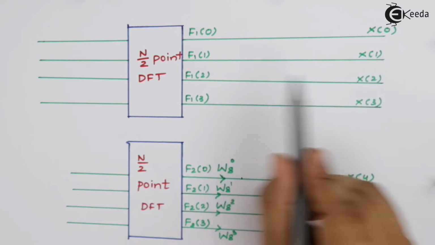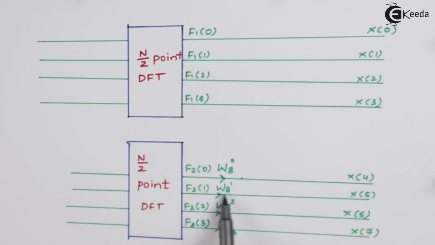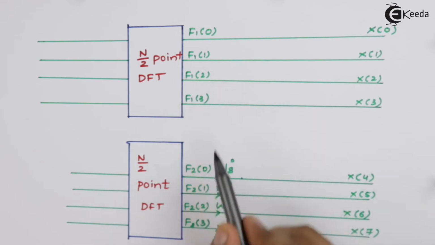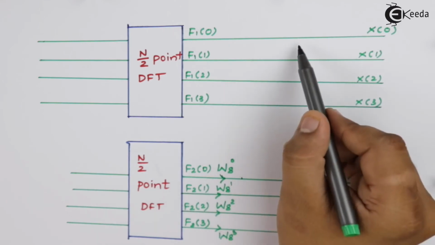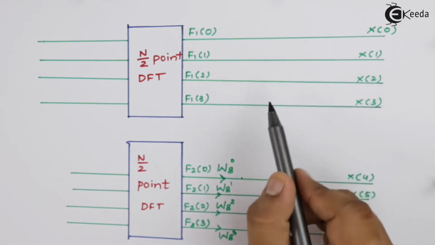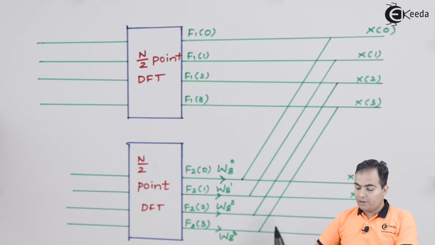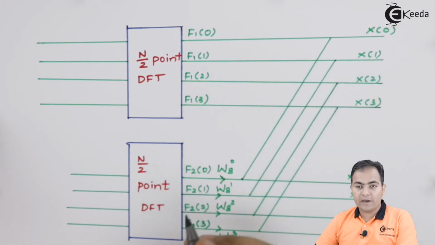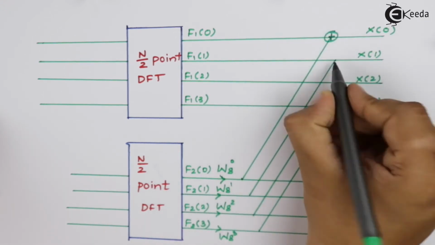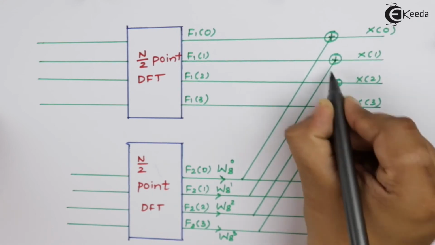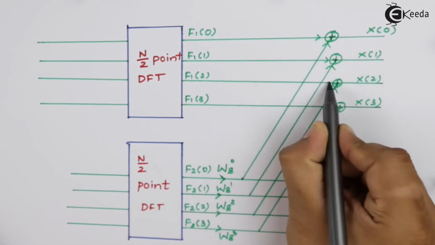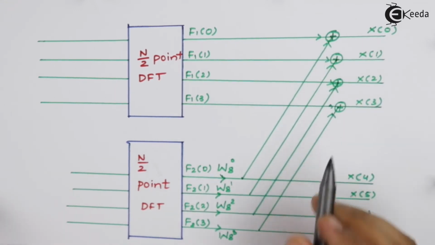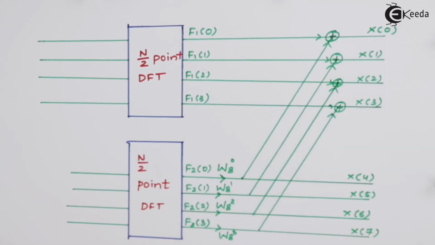Similarly, x of 1 is the addition of f1 of 1 with omega 8 to the power 1 times f2 of 1, and similarly the next two are also added with these two lines. So I'll just connect all these 4 lines with f1 of 0, f1 of 1, f1 of 2 and f1 of 3, and basically all these lines will be added. So after adding you will get the first 4 sample values.